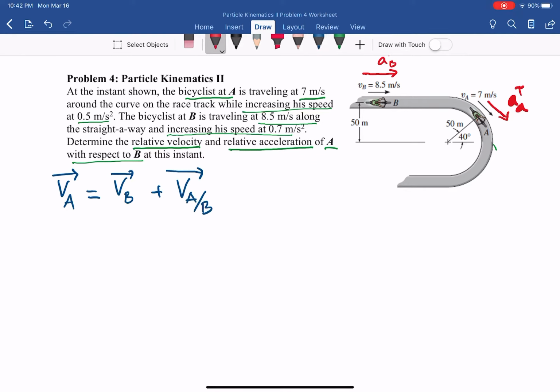So the first one is A, as you can see on the figure, 7 meters per second and tangent to the path. So how do we draw that tangent to the path? So VA equals 7 meters per second. What should the angle be? Let's look here. So this is VA.